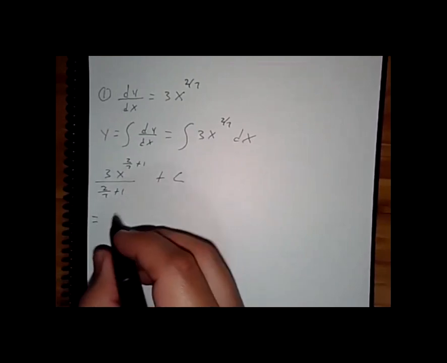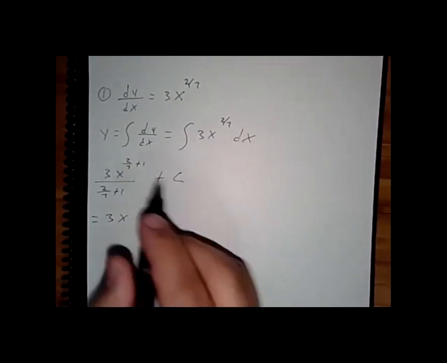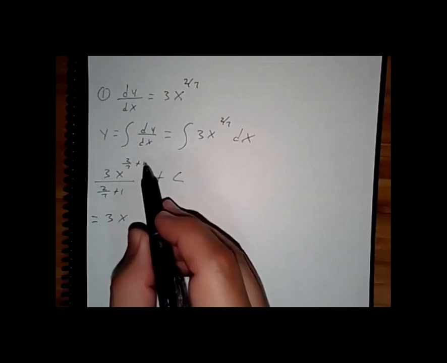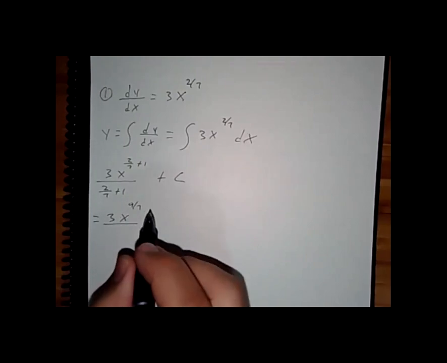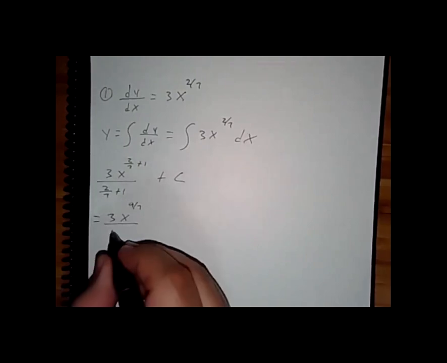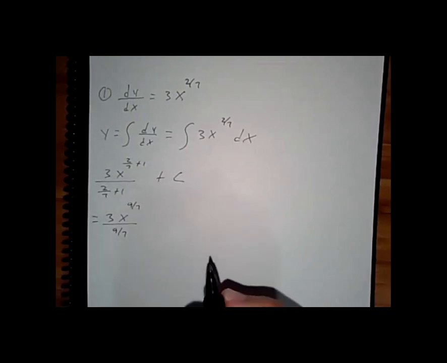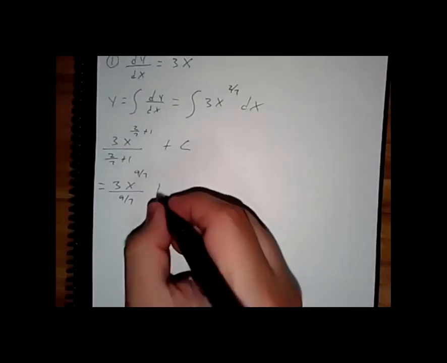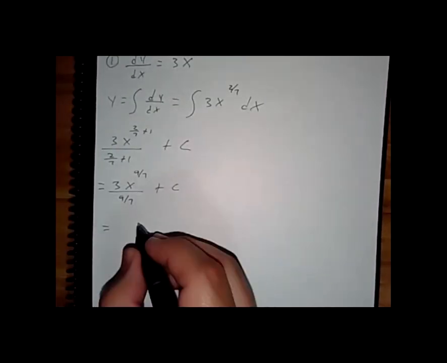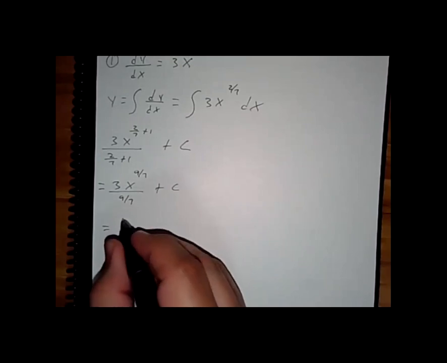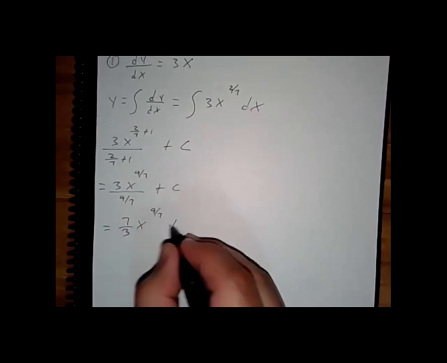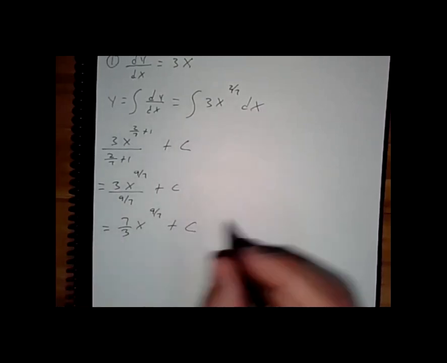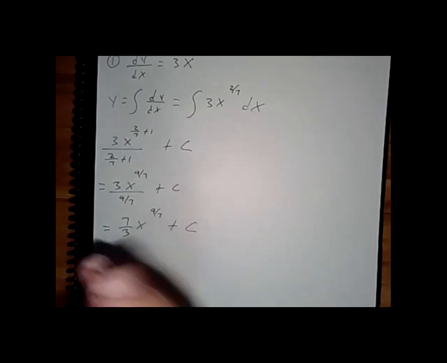So that will be 3x 2/7 plus 1. That's 9/7, right? Divide that out. We should get 7/3 x to the 9/7 plus c. So this right here is y. So y is equal to this.